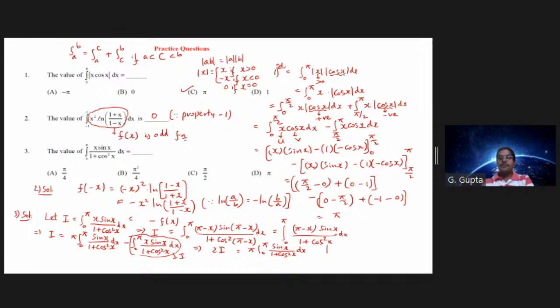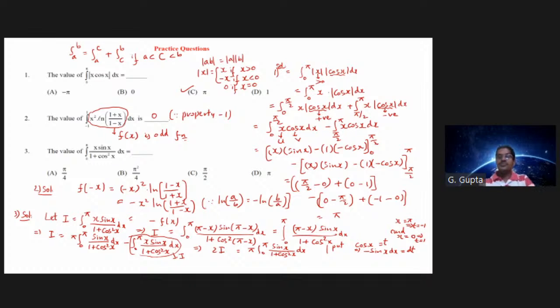Put cos x is equal to t, differentiating, minus sin x dx is equal to dt, and change of limits. For x lower limit 0, cos 0 value is 1, so t is 1. For x upper limit pi, cos pi is minus 1, so t is minus 1. So the t limits are 1 to minus 1. If you interchange the limits, the integration will be affected by a minus sign. That minus and this minus adjust as plus.